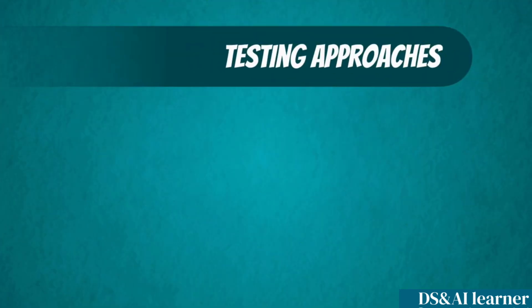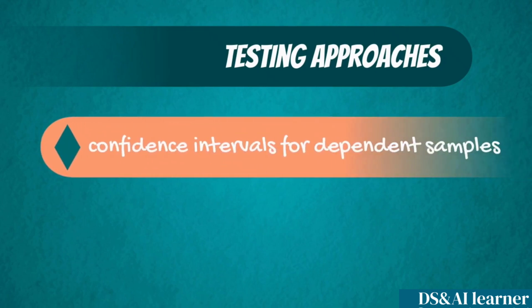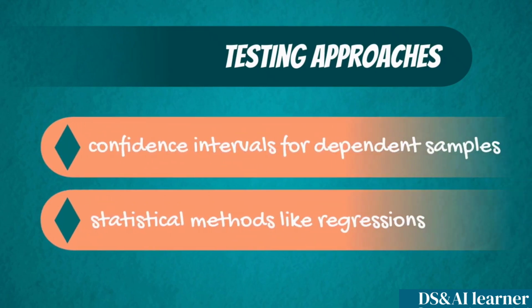In terms of testing, we have one formula for confidence intervals for dependent samples and other statistical methods like regressions, which we will study later on. For now, let's stick with confidence intervals. Okay.